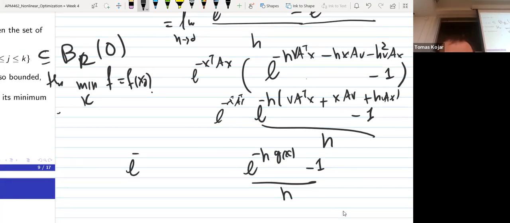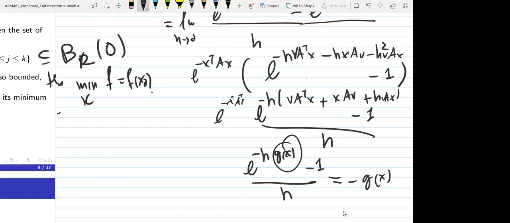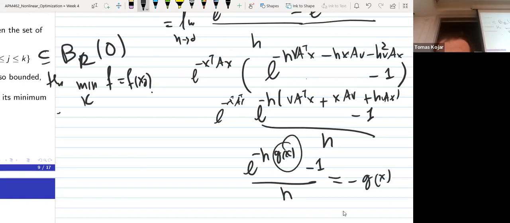What is it? Is it minus 1? With this gx, right? What's the derivative of, like, e to the minus x with a constant g?